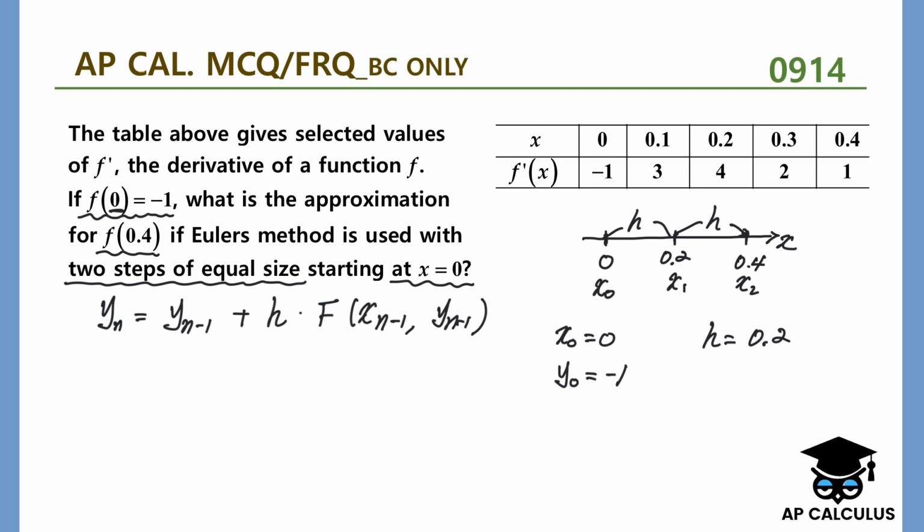Now, let's find y1. y1 is the approximation for f of x1, which is 0.2, right? So y1 is y0 plus h times f of x0 comma y0. We can find this equation by substituting 1 for n.